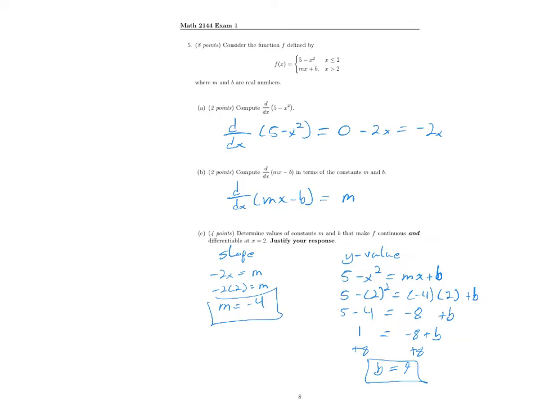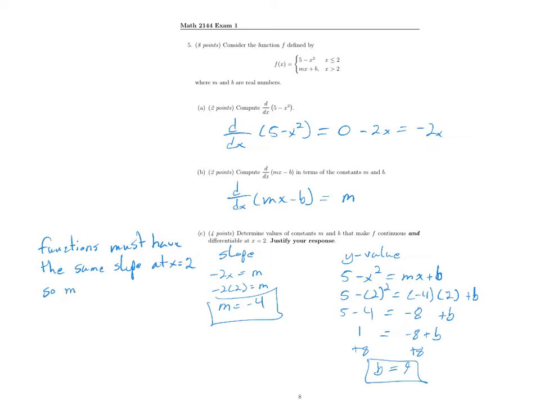And when we're asked to justify our response, I would just say something along the lines that the functions must have the same slope at x equals 2.